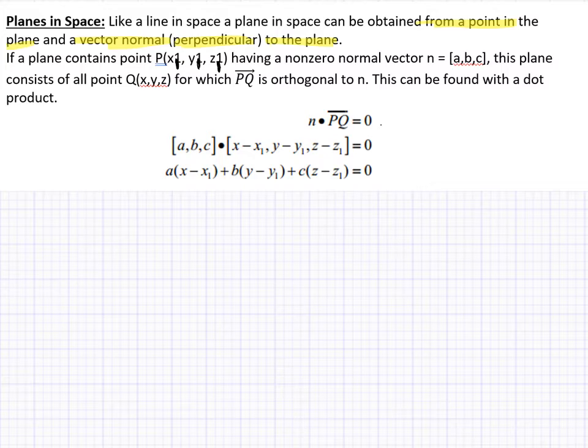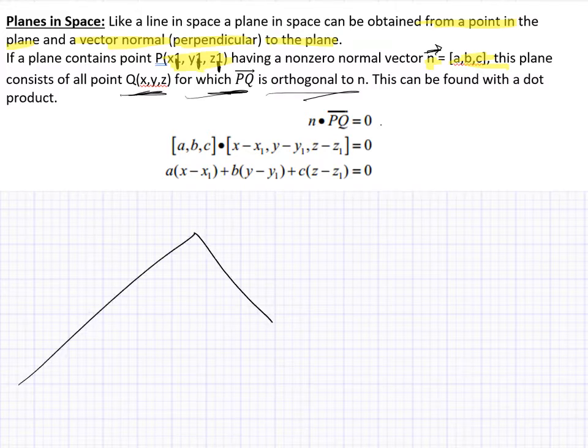And so if the plane contains this point, x1, y1, z1, and having the normal vector, say n, be ABC, with a little arrow above that n, then the plane is going to consist of all points Q such that PQ is orthogonal to n. What does that mean? All right, let's draw a little picture.